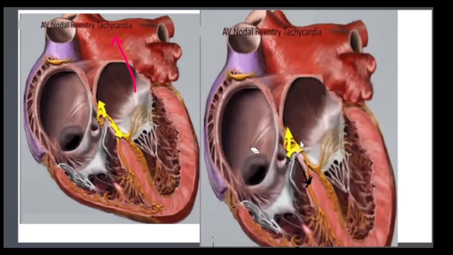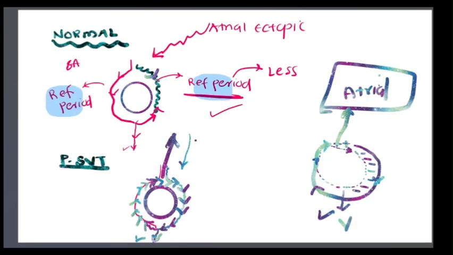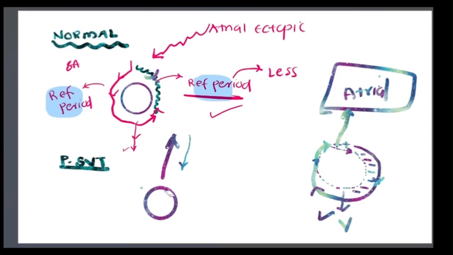And what about the rhythm? Is it regular or irregular? Well, if you look at this picture, it's clear that the time taken to travel around this circle is always normal.